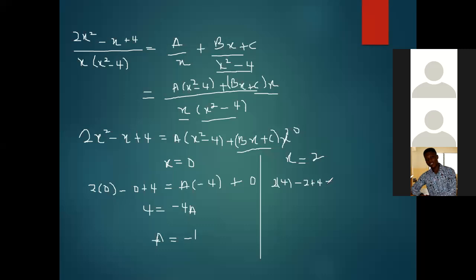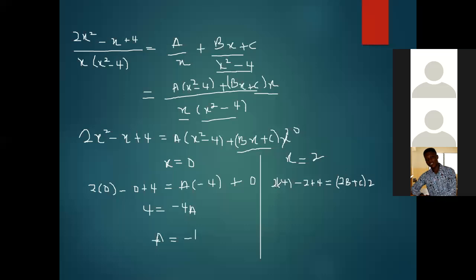Equals, we have A times 2 squared, which is 4. So 4 minus 4 will be 0. So A is gone. Then B times 2 is going to be 2B. Then plus C. So here we have 2B plus C, times 2.